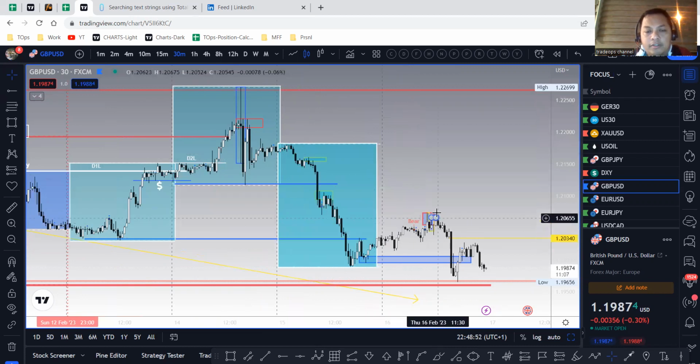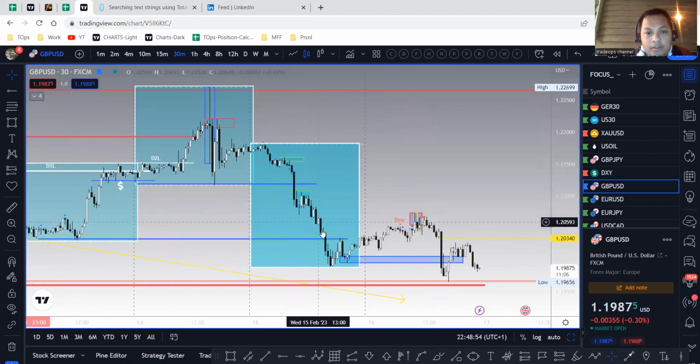Okay, so ito naman yung today at that was really a huge move yesterday. Downtrend. So this is the second day trade. After the news announcement, we have here sign of reversal and weakness.